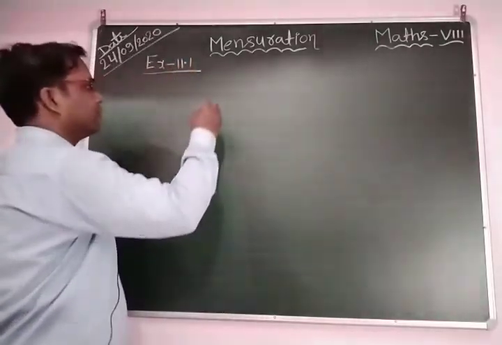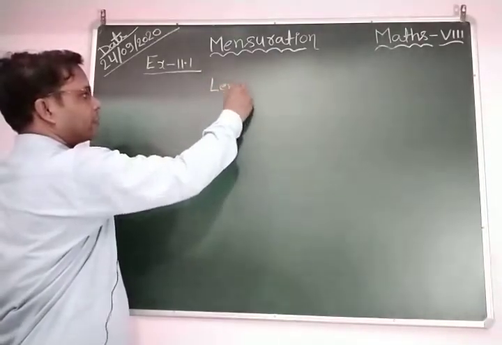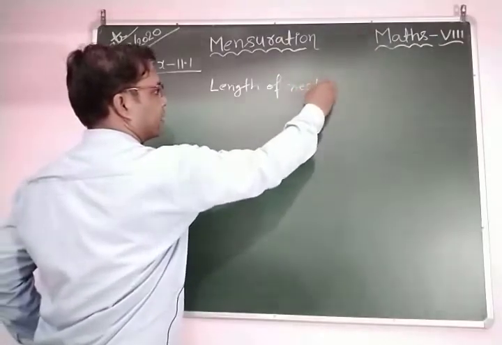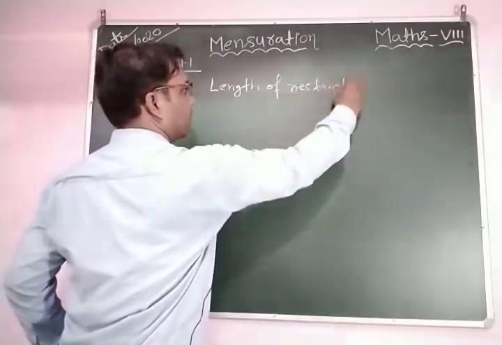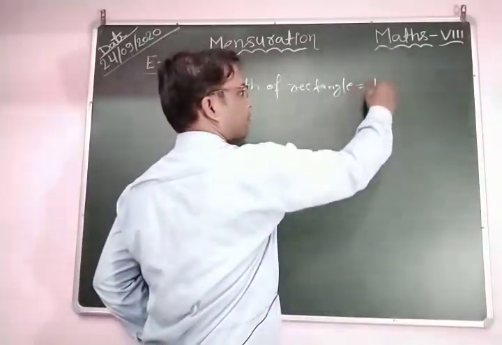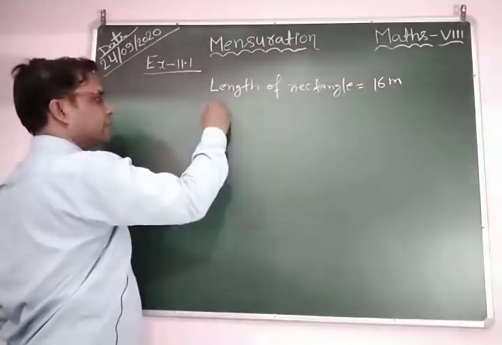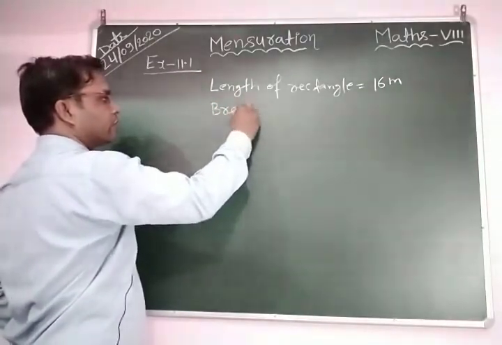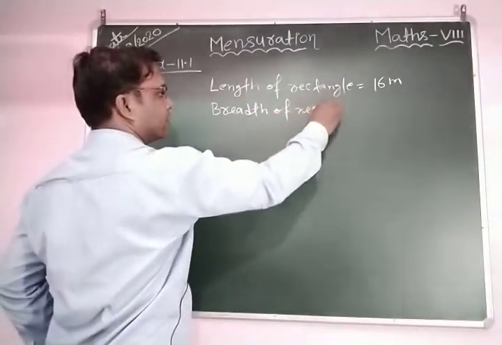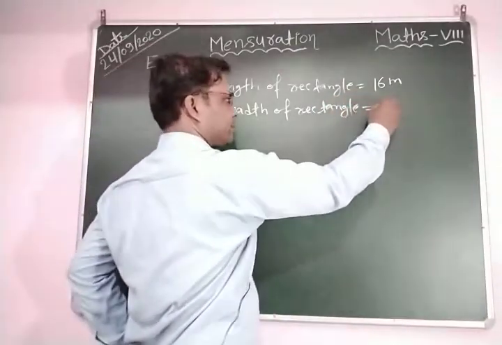Okay, and the length of the rectangle is given here, 16 meters, and the breadth of the rectangle is also given here.